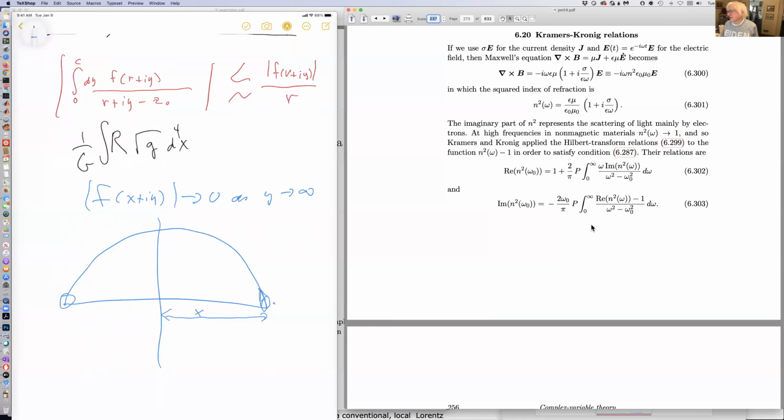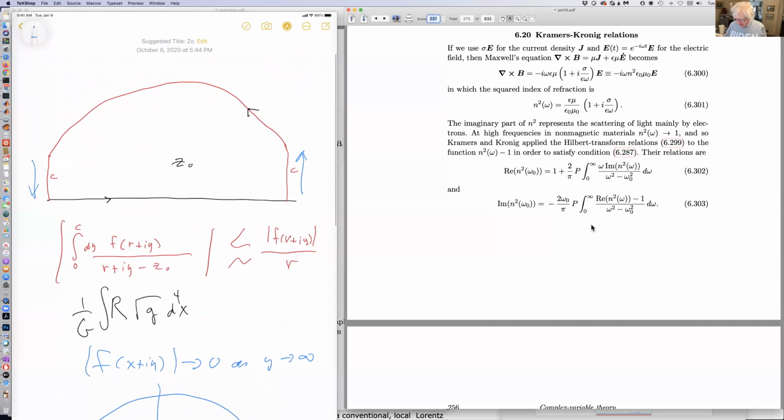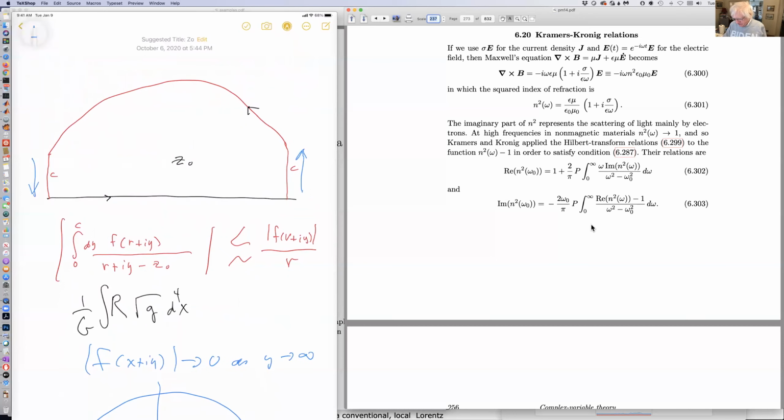So I don't know, one could work that out. I just thought it was easier to think in these terms to keep x huge by going vertically up. And then when we get to a value of y that's large, we can rely on the smallness of f as y grows. In other words, this relation here.